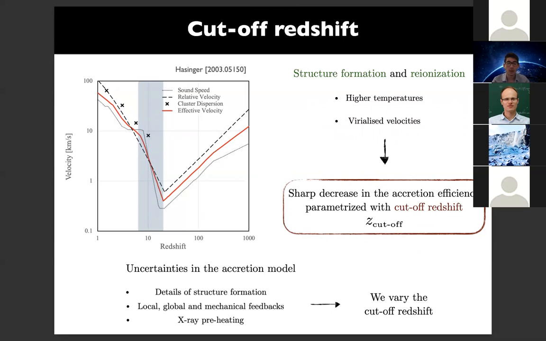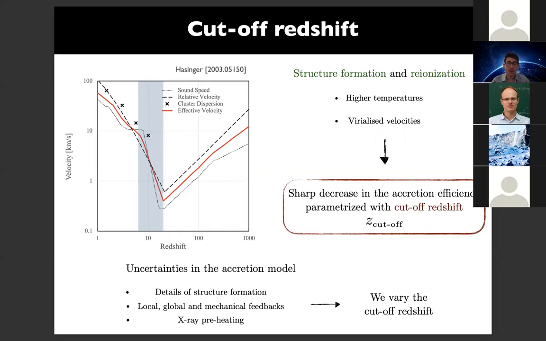And in order to account for this decrease in the accretion efficiency, we have introduced a parameter, which we call the cutoff redshift, z cutoff, after which basically we neglect accretion.